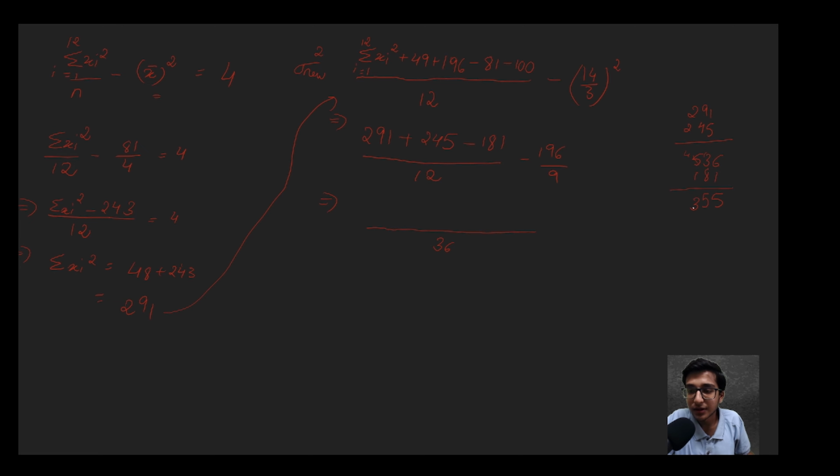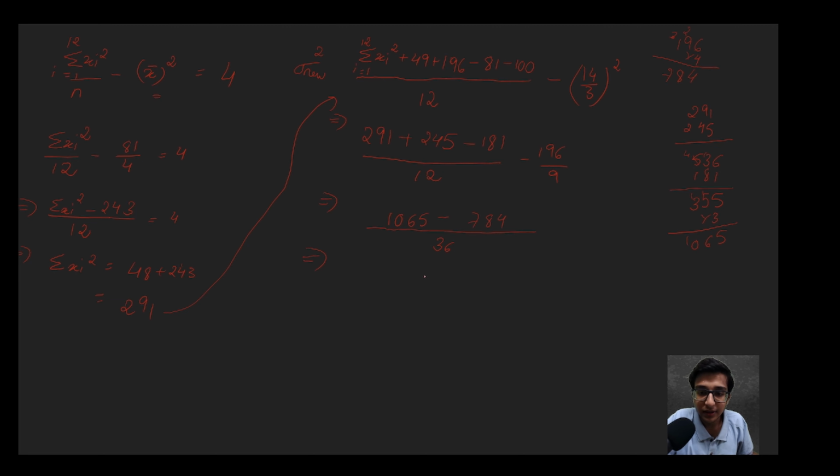Since 12 3s are 36, we would have to multiply 3 as well to this number. We would get 5 3s are 15, 3 5s are 15 plus 1 is 16, so 1065 minus, 196 into 4 is what we have to do. 6 4s are 24, 9 4s are 36 plus 2 would give us 38, and 784.